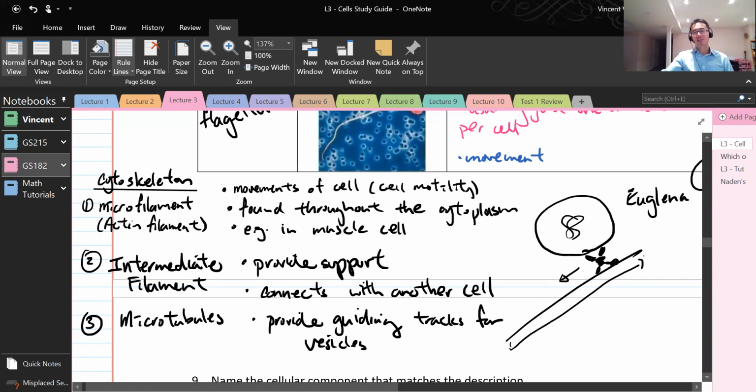You can see it under the electron microscope, traveling along these microtubules. In any case, microtubules also make up the flagellum and cilia. Okay, so those are your cytoskeleton.